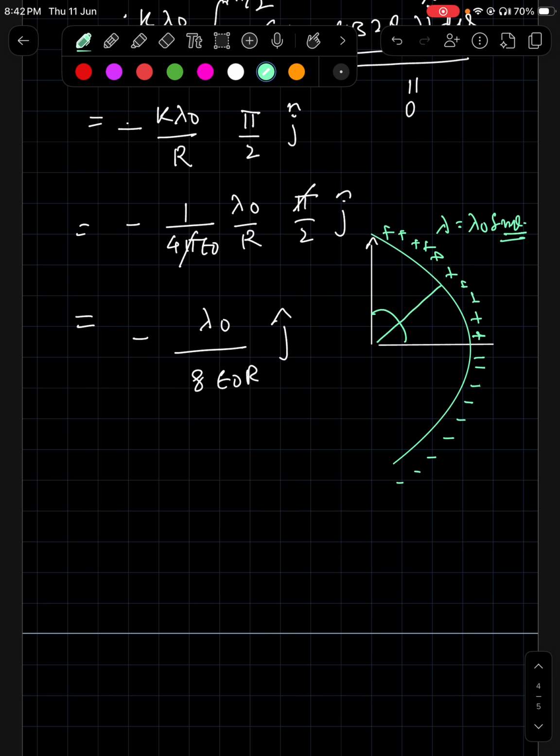If I keep a plus one charge at this position, all the positive charges push the plus one charge in this direction, and the negative charges are also pulling in this direction. That is why the resultant electric field is along the negative y-axis. So this is the final answer. Okay.